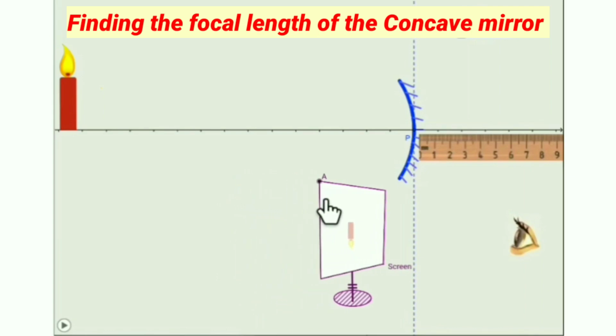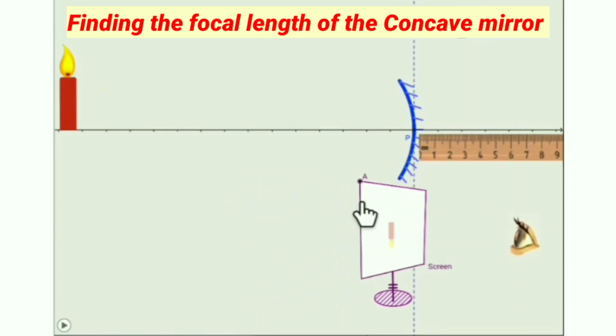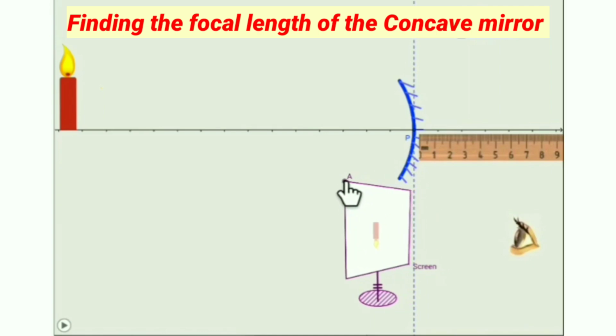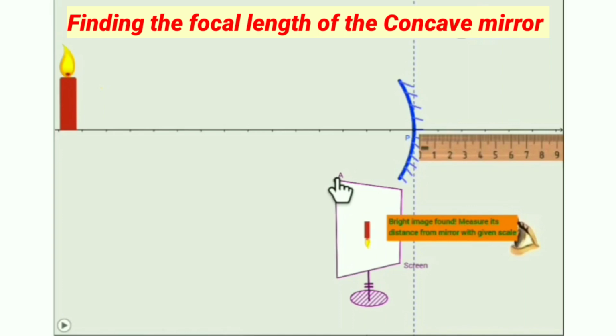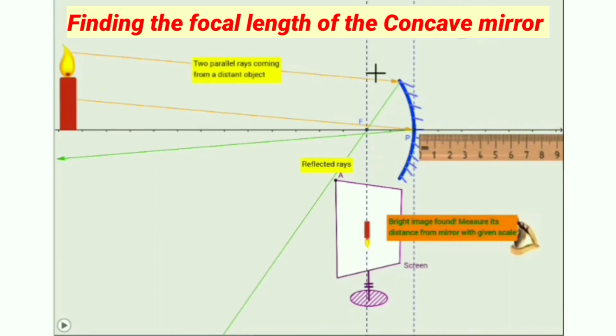While adjusting, we got the clear image at this place. That's why this is the focal length of this concave mirror.